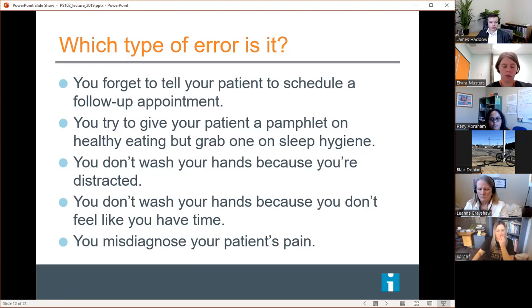You try to give your patient a pamphlet on healthy eating, but you grabbed the wrong one on sleep hygiene. You don't wash your hands because you're distracted. You don't wash your hands because you don't feel like you have the time. And the last one, you misdiagnose your patient's pain.